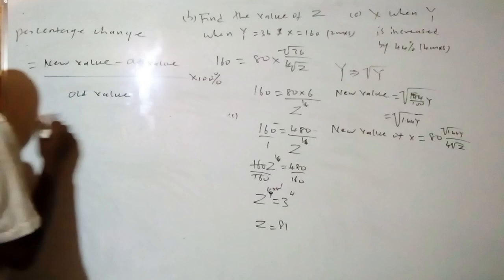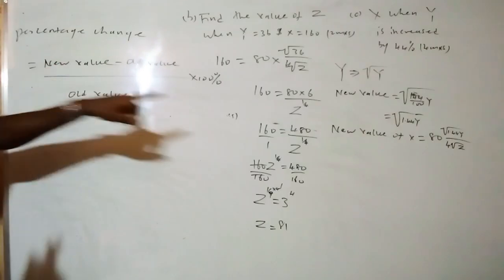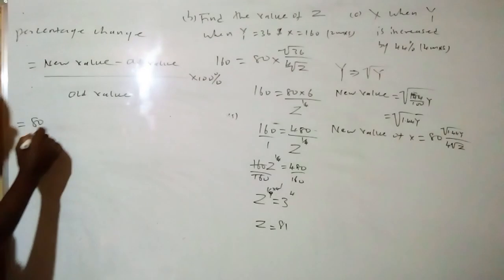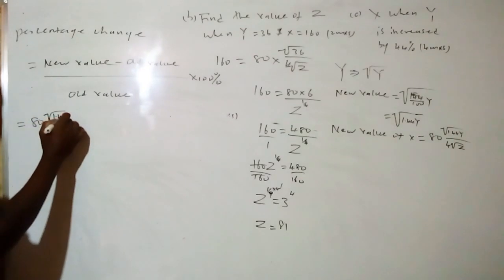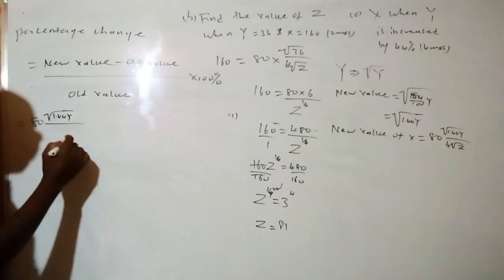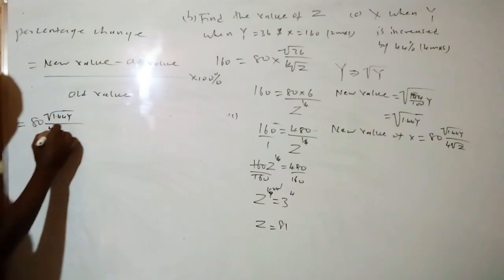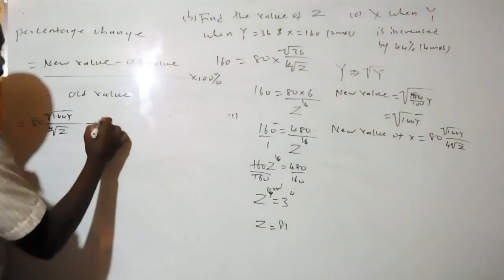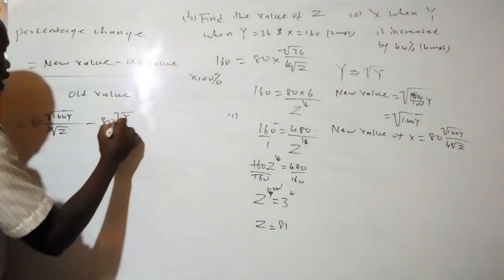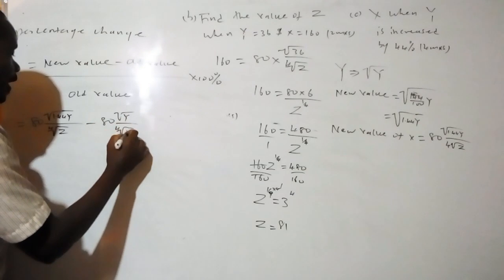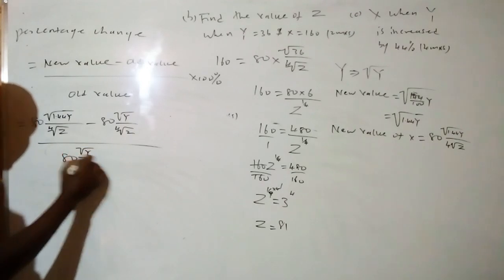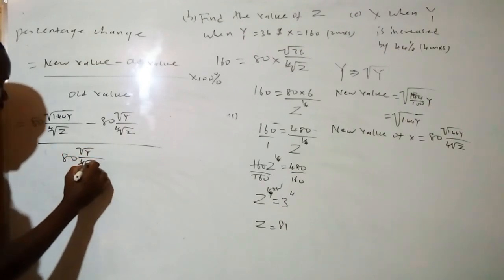Our new value is this one here: 80 root 1.44Y all over 4th root of Z, minus the initial, 80 root Y all over 4th root of Z, all over the initial 80 root Y all over 4th root of Z, times 100%.